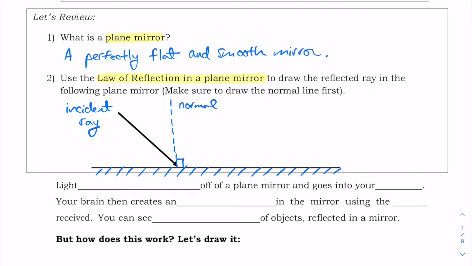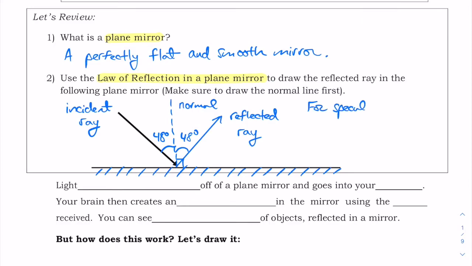And we always measure the angle of incidence relative to the normal. So that would be the angle between the incident ray and the normal, shown over here. We'll make up an angle, let's say 48 degrees. And according to the law of reflection, the angle of reflection is equal to the angle of incidence. Okay, so just something to take away again.